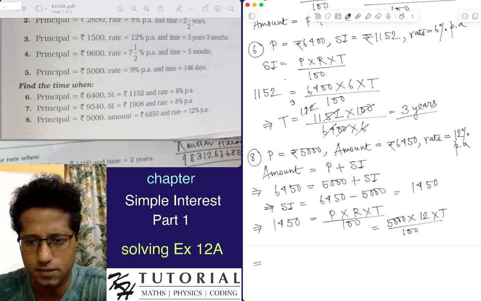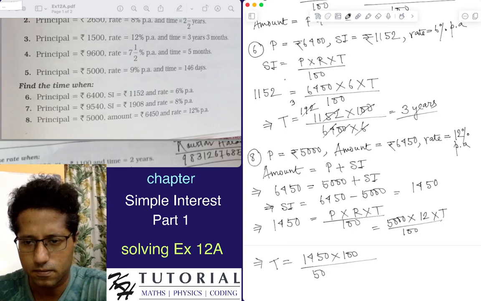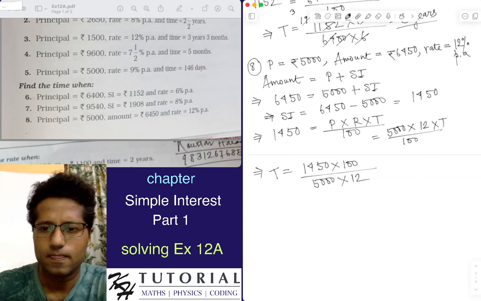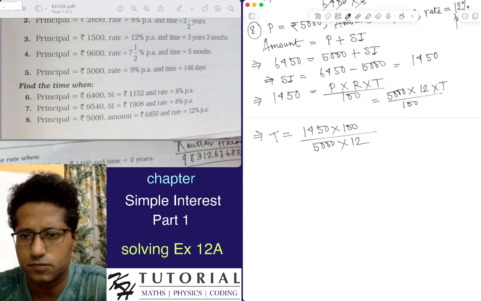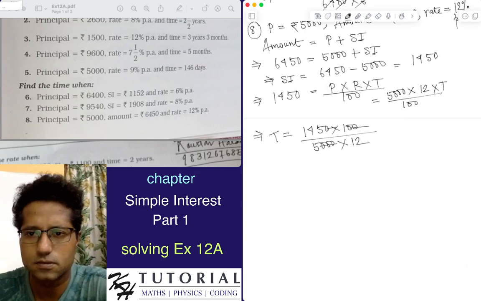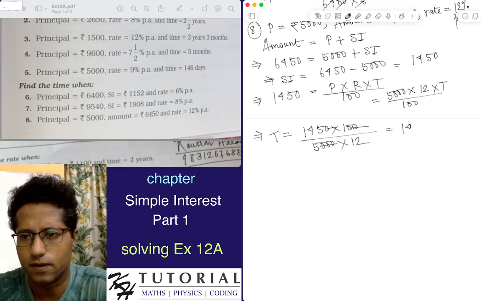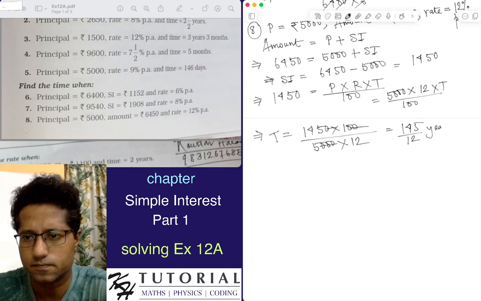So from here we can say that T equals 1450 multiplied by 100 divided by 5000 multiplied by 12. Now 30 cancels, 30 cancels, and we have 145. This is 145 by 12 years.